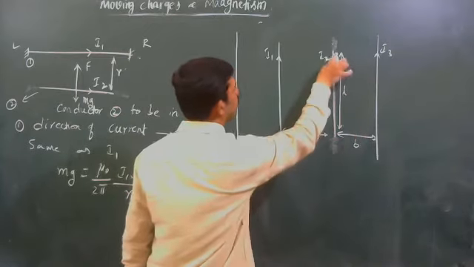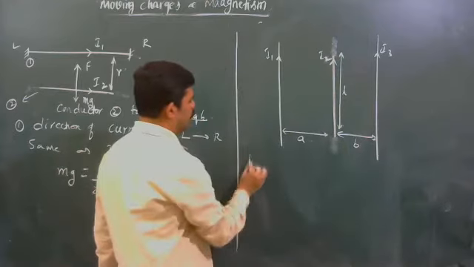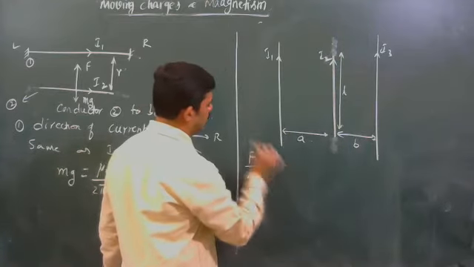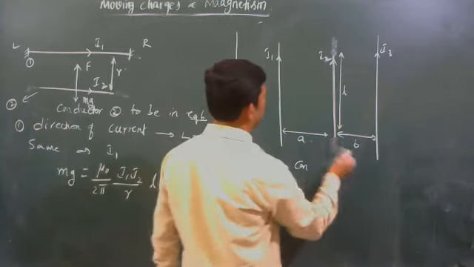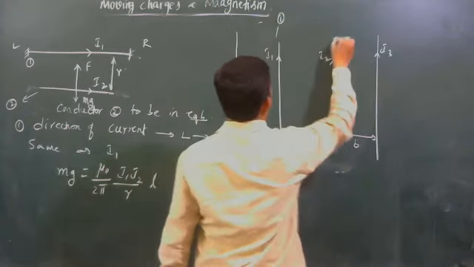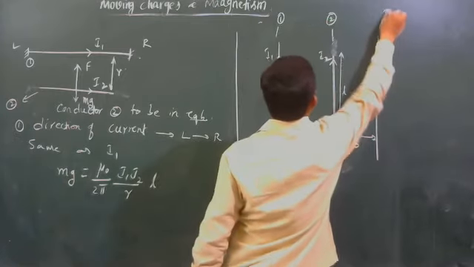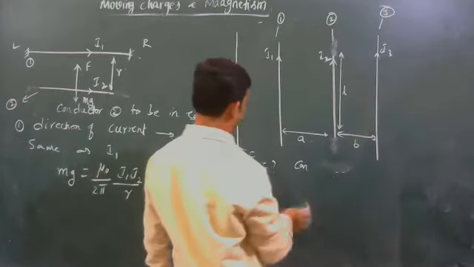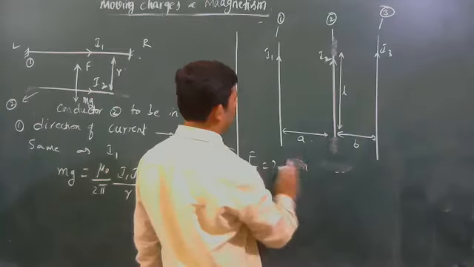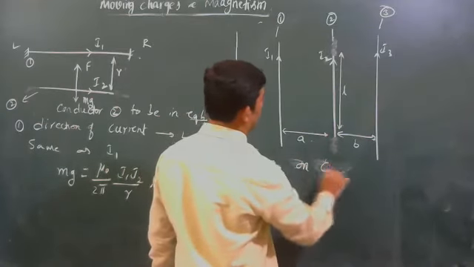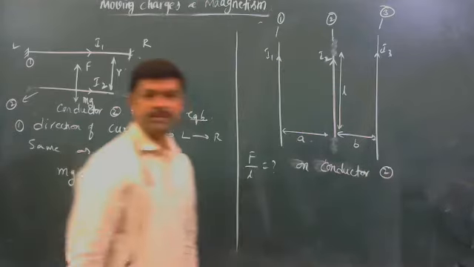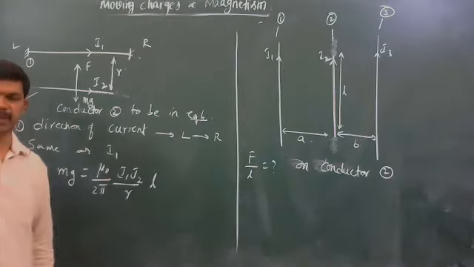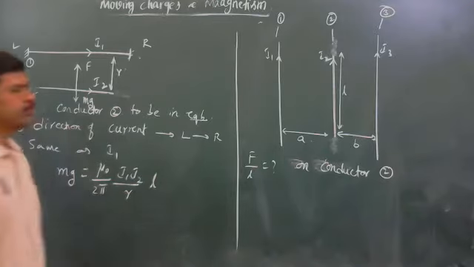This is 1, this is 2, and this is 3. On conductor 2, what is the force per unit length?